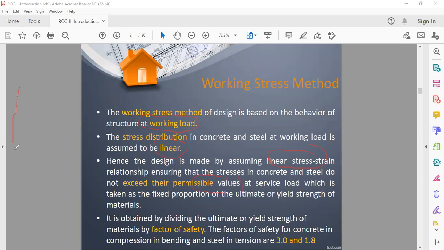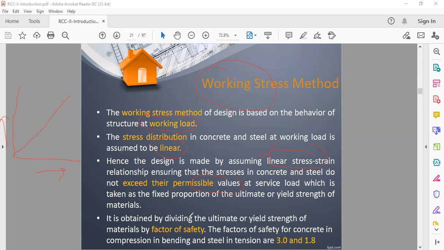So the stress-strain relationship behaves like a linear relationship. Suppose stress is increased, then strain will also increase. That's how this stress-strain relationship is assumed in the working stress method, and this design ensures that the stresses in concrete do not exceed their permissible values at service load.